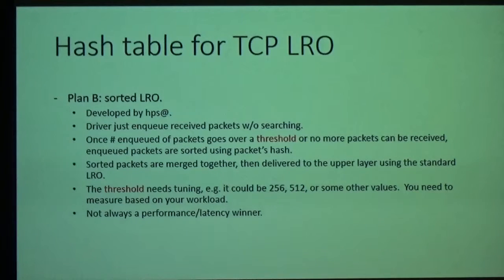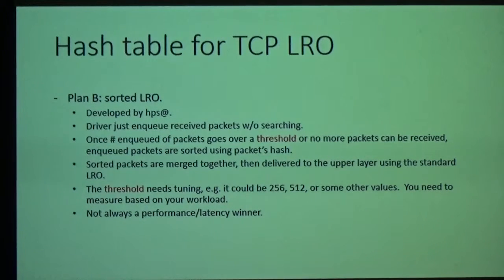Once the threshold, for example 200 or 500, has been reached, the LRO code will try to sort the whole array according to its hash. Then it will pass the packets to the standard LRO function one packet each time. But at this time, the LRO input is sorted, so there is no searching cost.